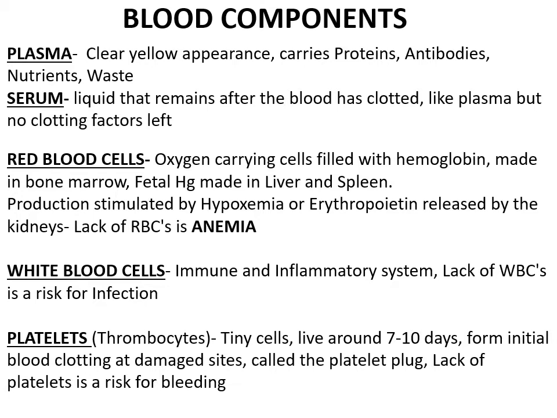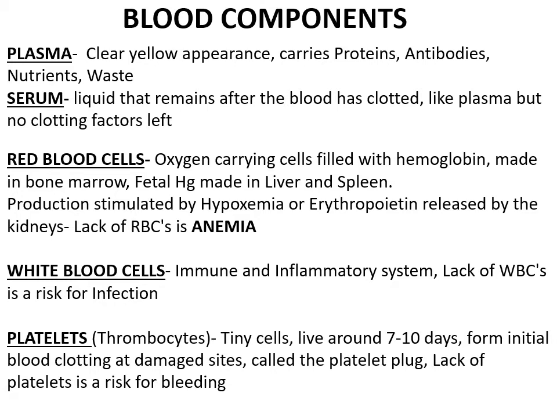and fetal hemoglobin is slightly different. In the fetus, they actually have a different hemoglobin that then needs to transition to normal hemoglobin that's seen in children and adults. So fetal hemoglobin is slightly different, and some is made in the liver and the spleen. Okay.